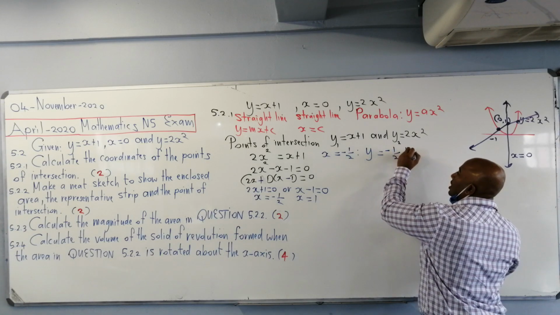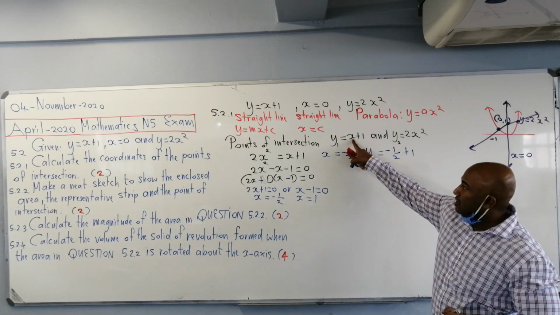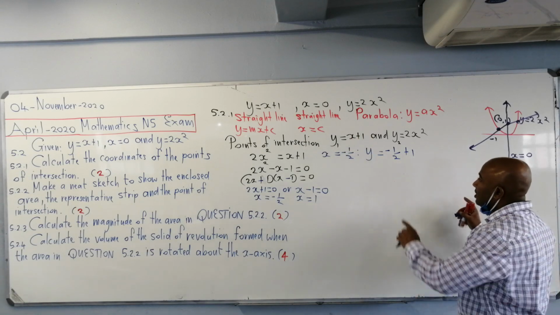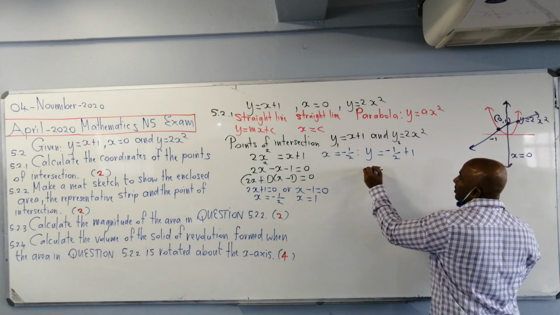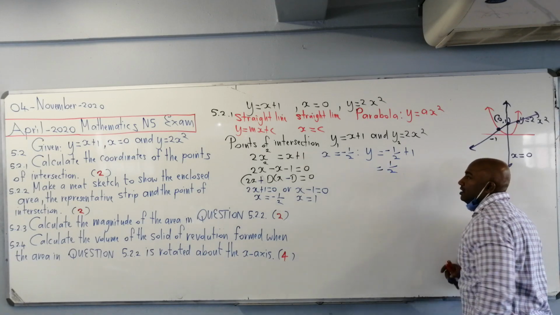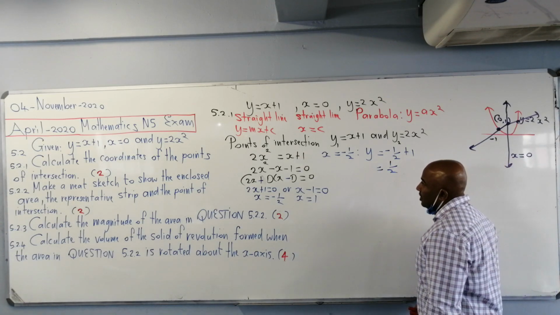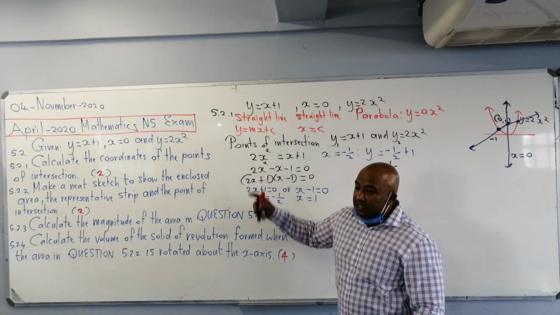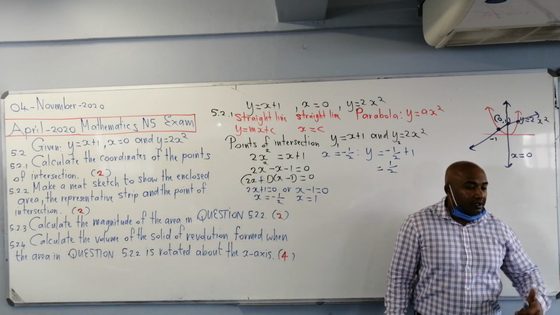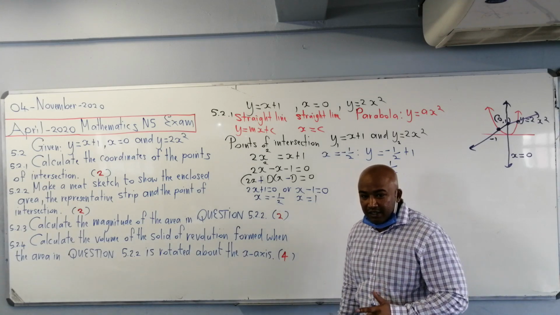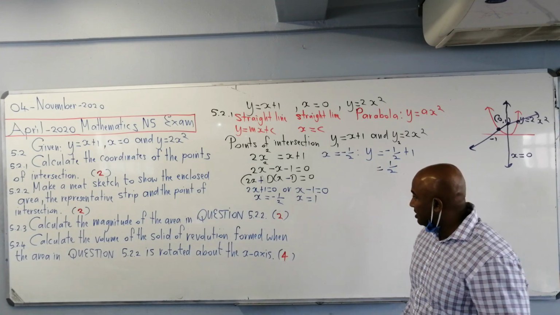Minus 1 over 2 plus 1. So I'm using equation 1 there, x plus 1. So minus 1 over 2 plus 1 is just going to be half. Basically 1 minus half is half. Right. Also double check, substitute into the equation 2, make sure you get the same answer. If you do not get the same answer, then there's a mistake.